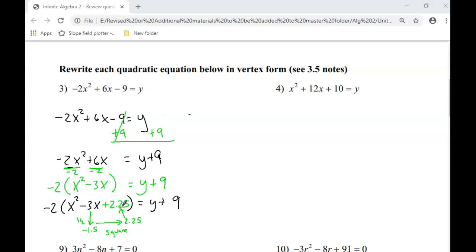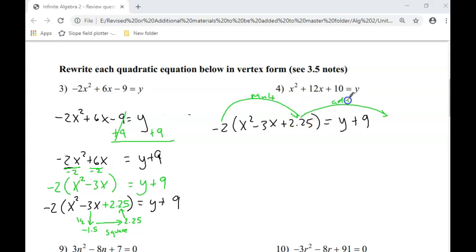The next thing that you're going to do is, let me bring all this back up here now, we're going to fix our balance. So what that entails is taking this number, multiplying it here, and whatever you get, adding it over there.